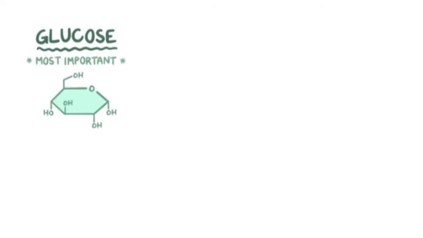Next to deoxyribose is glucose. Glucose is the most important in the sugar family, and it is considered a monosaccharide. Glucose is one of the main sources of calories and it can cross the blood-brain barrier to nourish the brain.